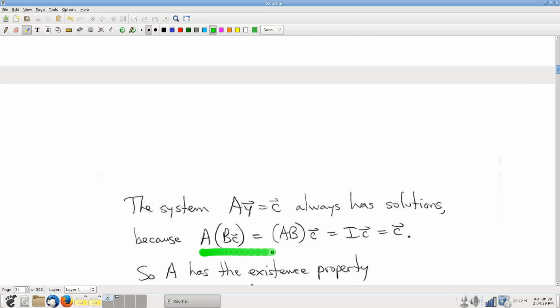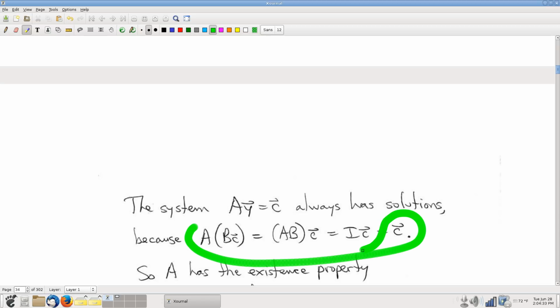Okay, now, so this is just some algebra, but now let's reinterpret this as a statement about a system of equations. This says that BC is a solution to this system of equations. Just look at exactly what that says.